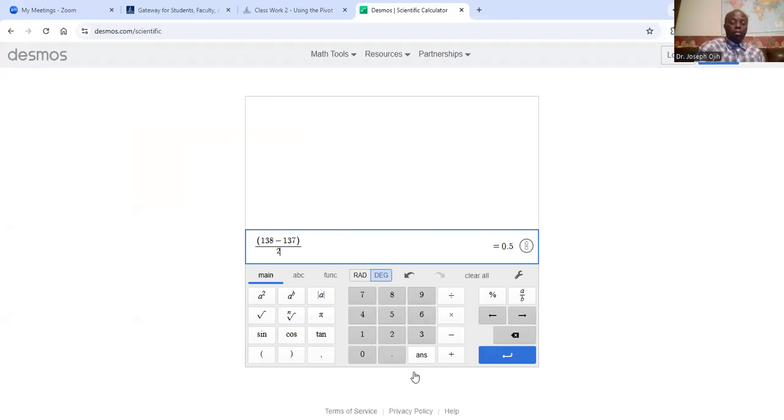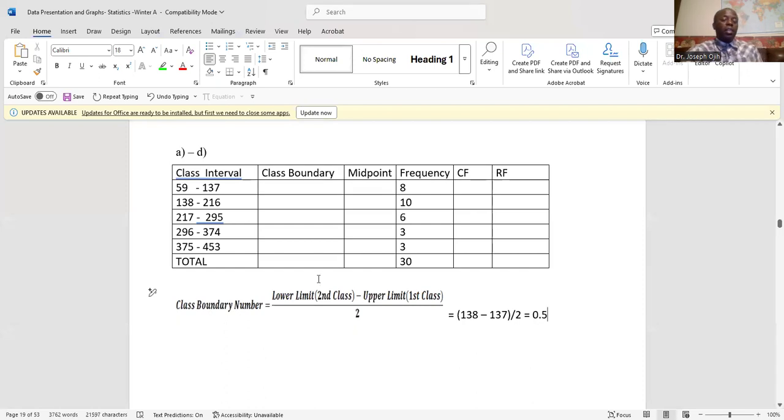So to get the class boundary on this side, you subtract 0.5. To get the boundary for the upper side, you add 0.5. So 59 minus 0.5 gives us 58.5. 138 minus 0.5 gives us 137.5.